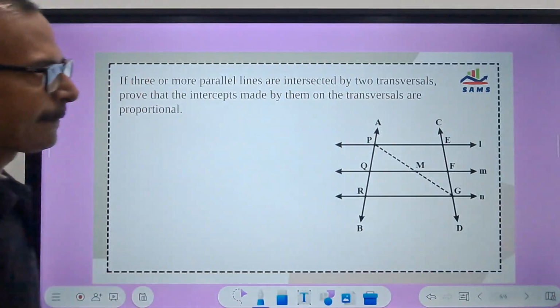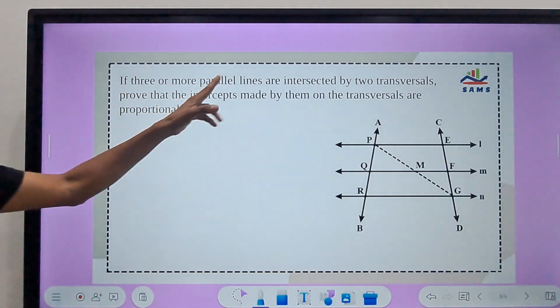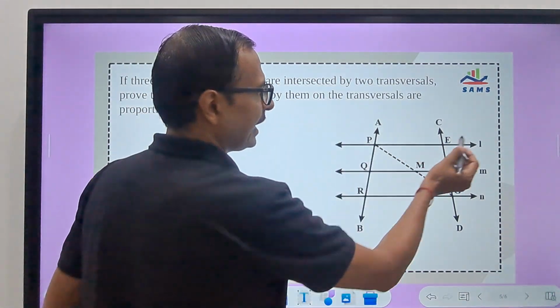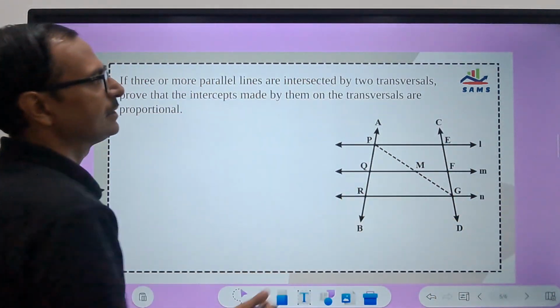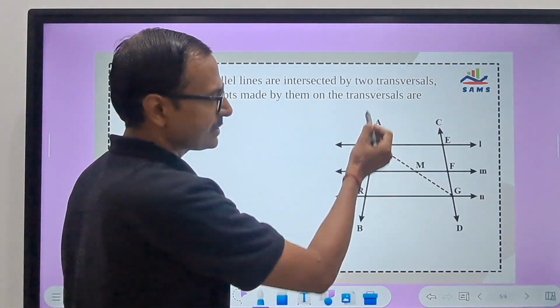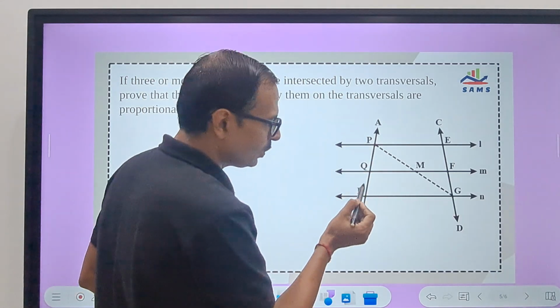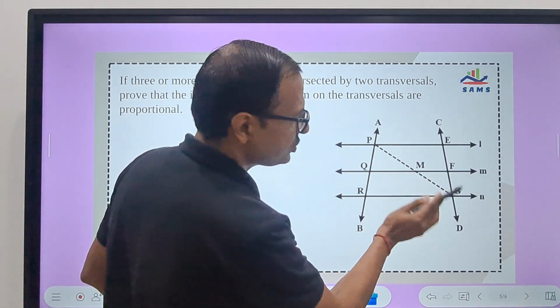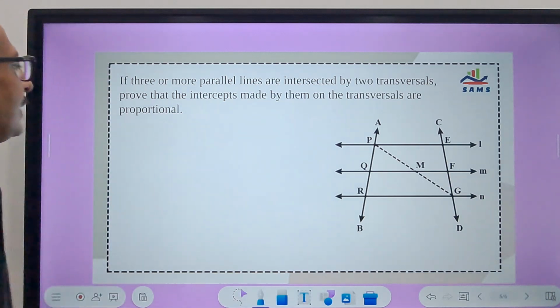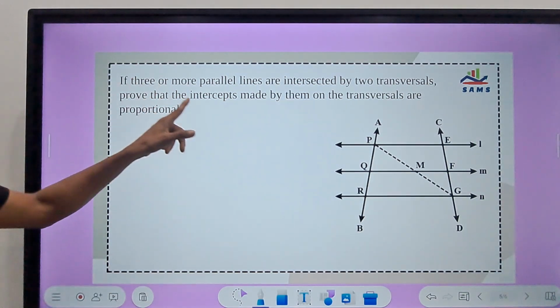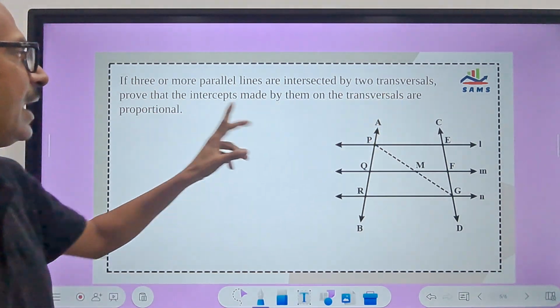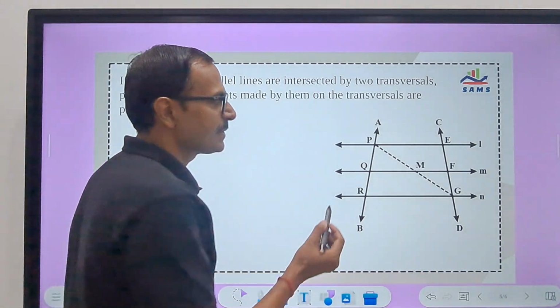Let's see this question now. If three or more parallel lines, so there are three lines here, L, M, N, they are all parallel lines, and there are two transversals, this AB and CD, intersecting the lines at P, Q, R and E, F, G, right? So we need to prove that the intercepts made by them on the transversal are proportional. What are intercepts?